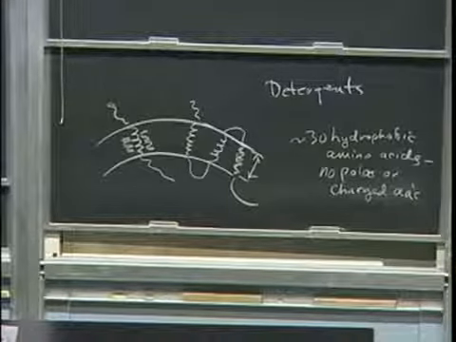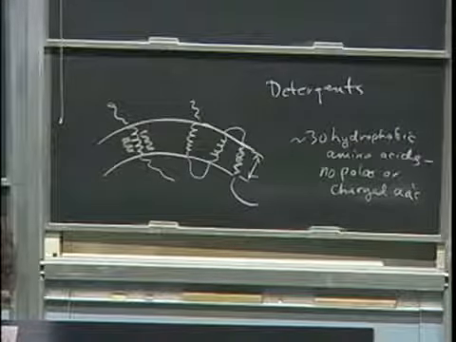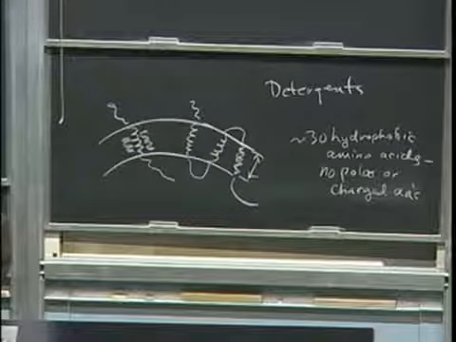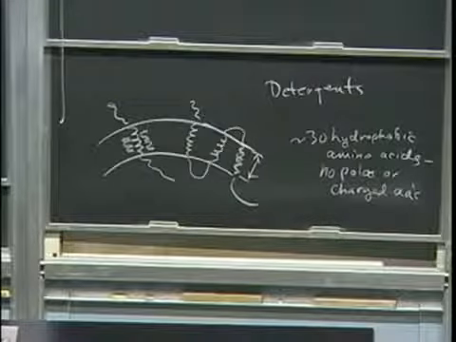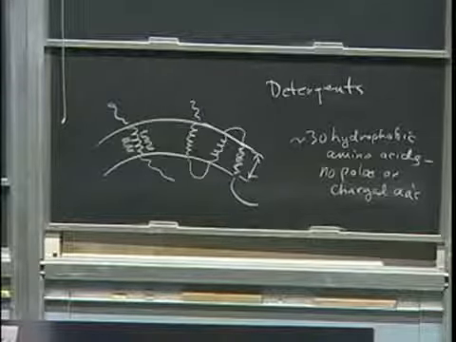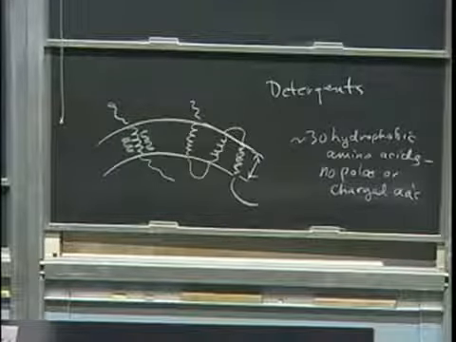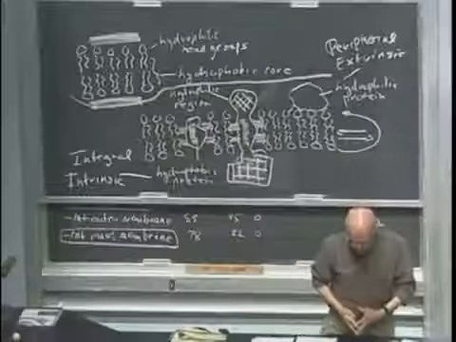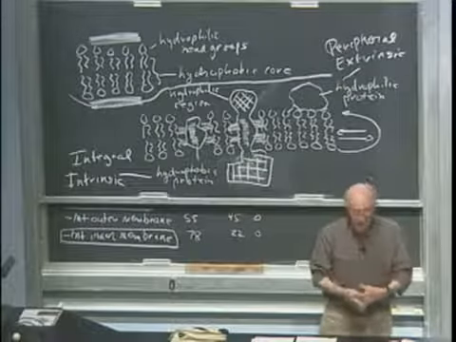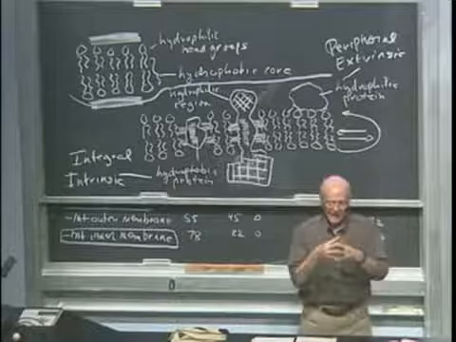So if you look at figure 68, you can see an intact membrane, and then you add a detergent, and the detergent dissolves away the lipids and binds to the proteins. The detergents are lipid-like in the sense that they have a hydrophobic region and a hydrophilic region.